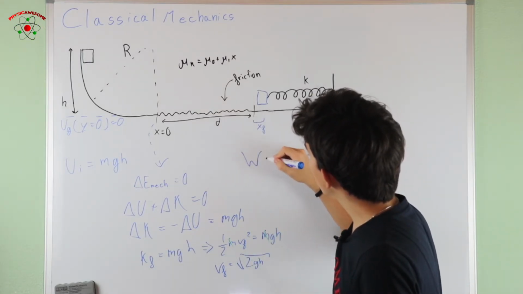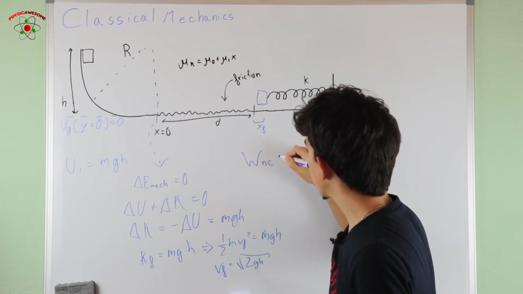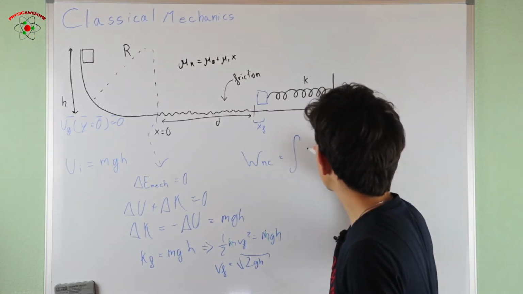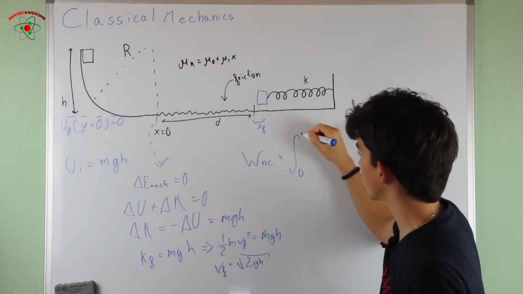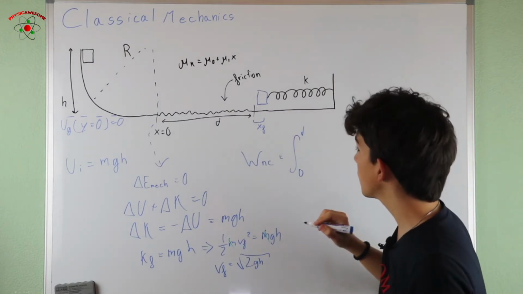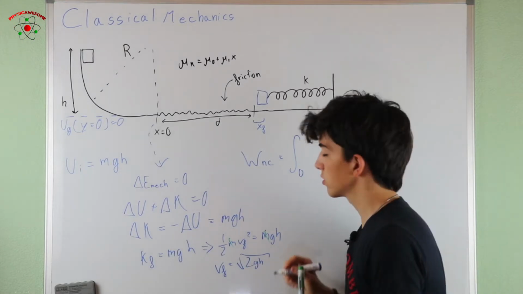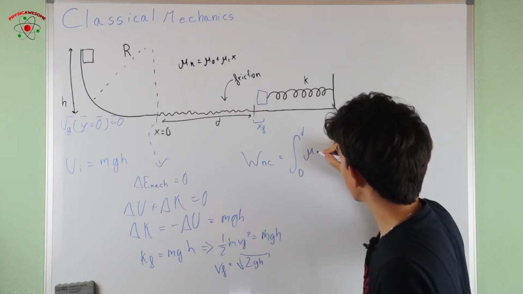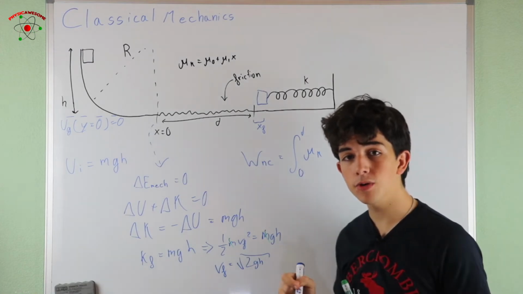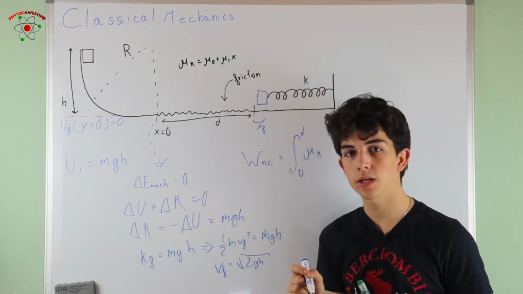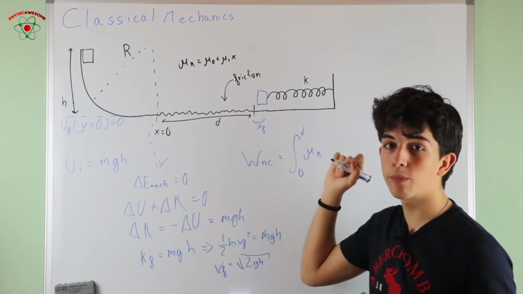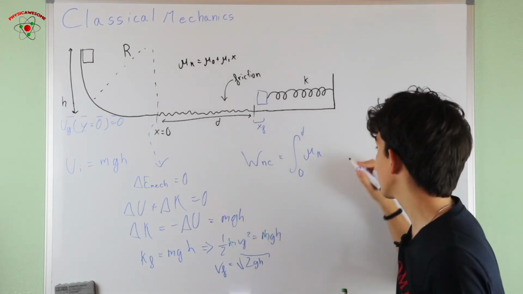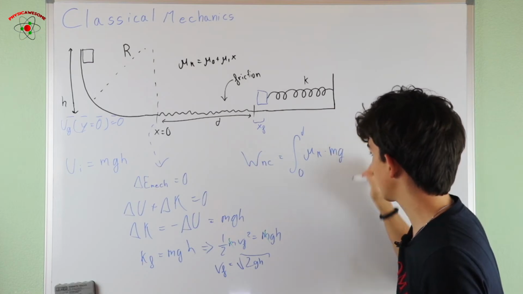We know that the non-conservative work equals the integral from x equals 0, in this case, to x equals d of the force, which is the friction force. In this case, it's going to be the coefficient of friction, which we will expand on, times the normal force, which is no other thing in this case than the weight, so mg.